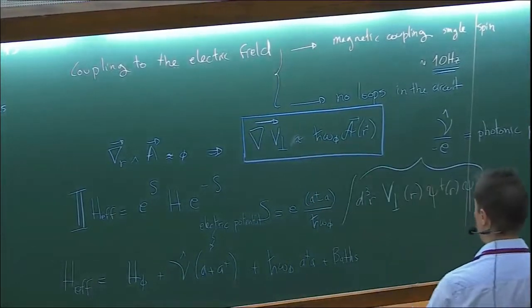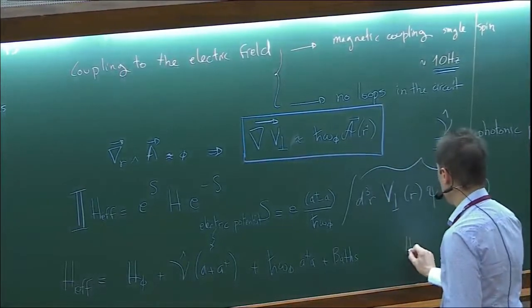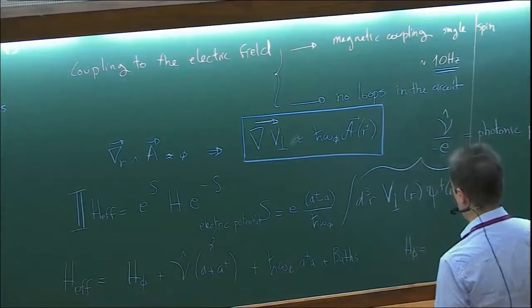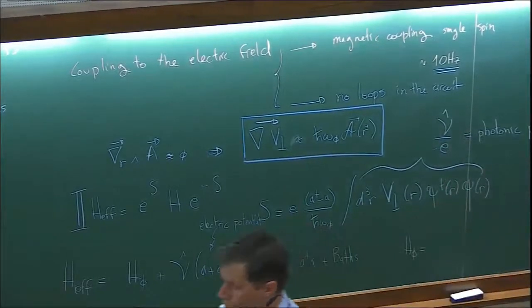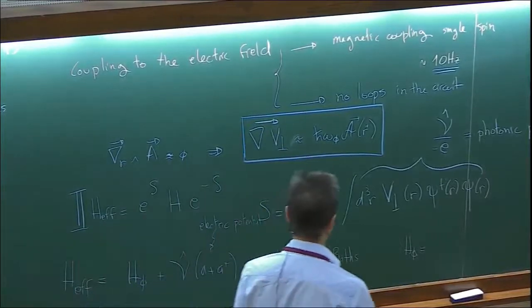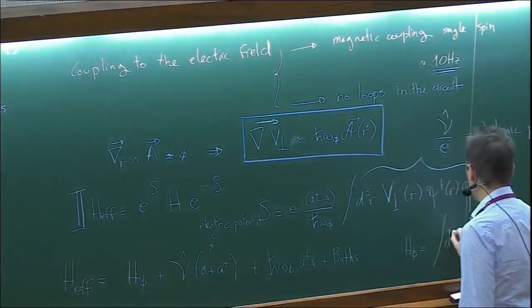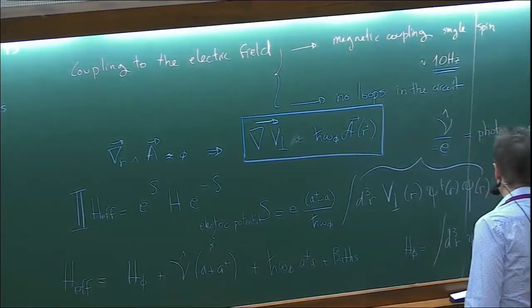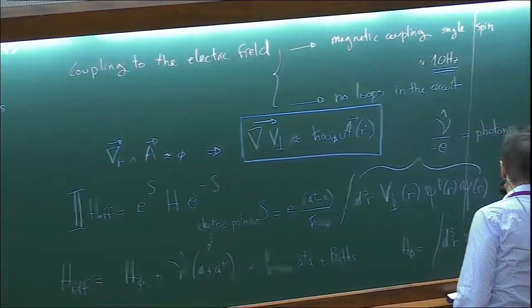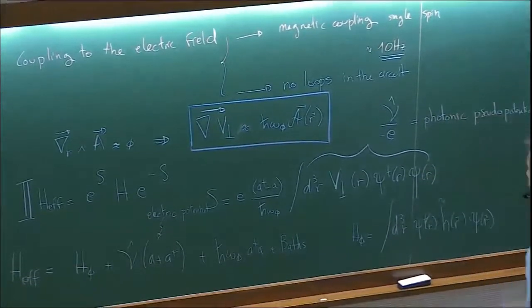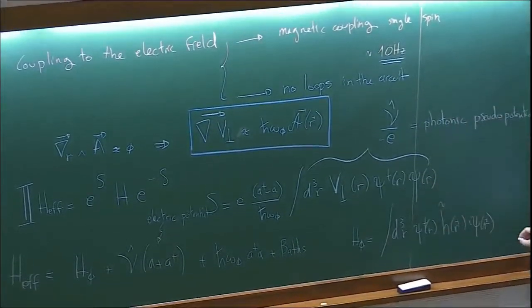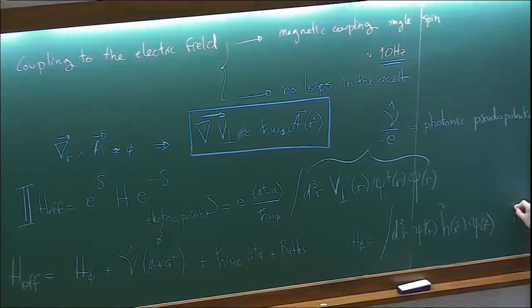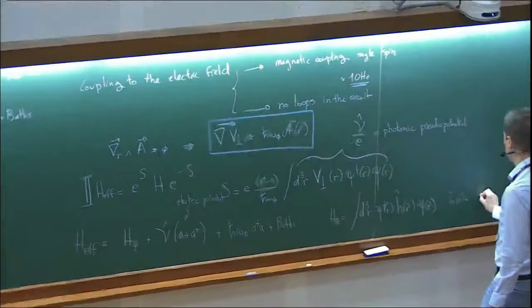Now h naught is the same as before, with the h tilde here, with all the same terms, except that the vector potential has disappeared from the kinetic term.